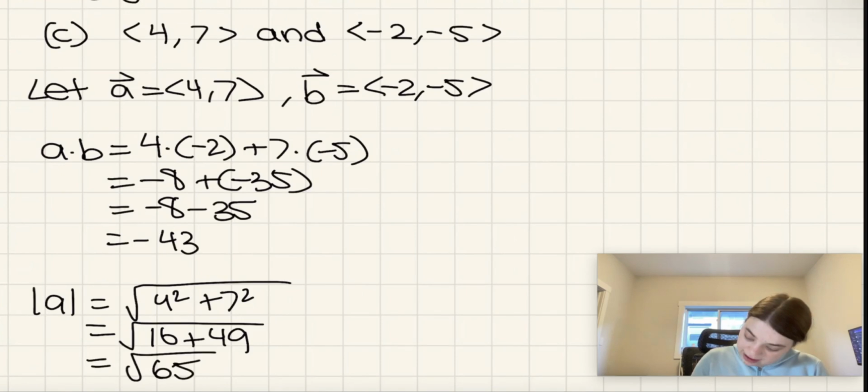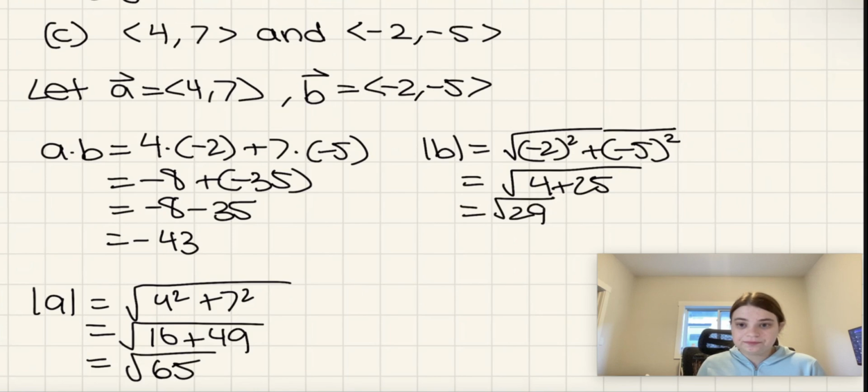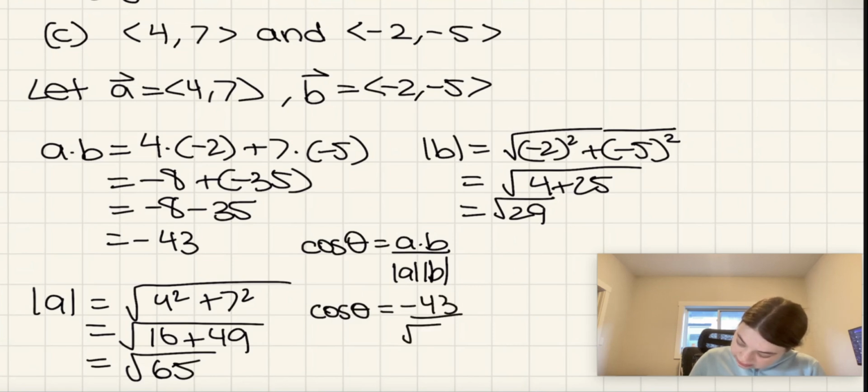Okay, and then for the magnitude of B, that's going to be the square root of -2 squared plus -5 squared, which is equal to the square root of 4 plus 25, which is equal to the square root of 29. So therefore, we have cos theta is equal to A dot B over magnitude A magnitude B. So therefore, cos theta is equal to -43 over root 65 root 29.